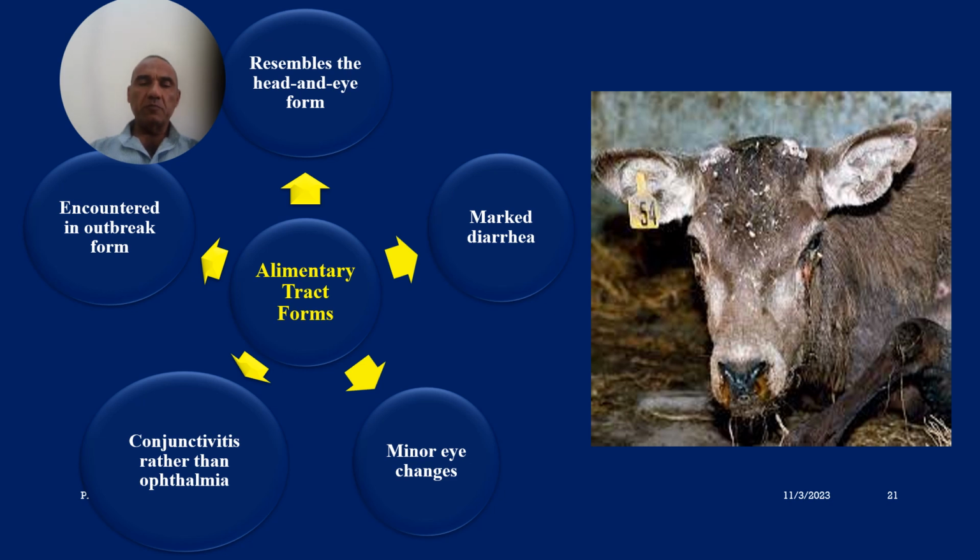The alimentary tract form resembles the head and eye form, with marked diarrhea and minor eye changes, conjunctivitis rather than ophthalmia, encountered in outbreak form.